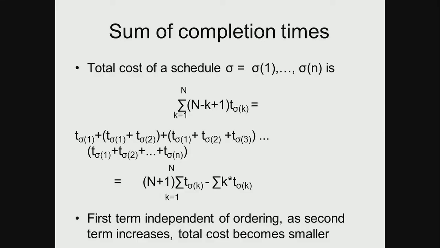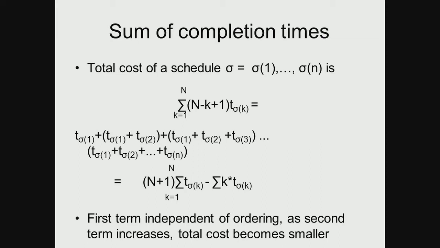That is what we are going to study now by writing down a formula for the sum of the completion times. So, to do this, let us assume that there is a schedule which we refer to using the Greek letter sigma, and let us assume that sigma 1 denotes the first job and sigma n denotes the nth job in the sequence.